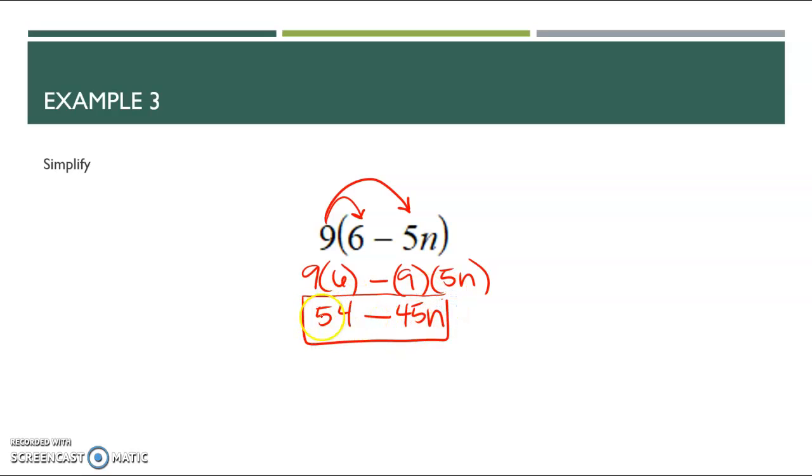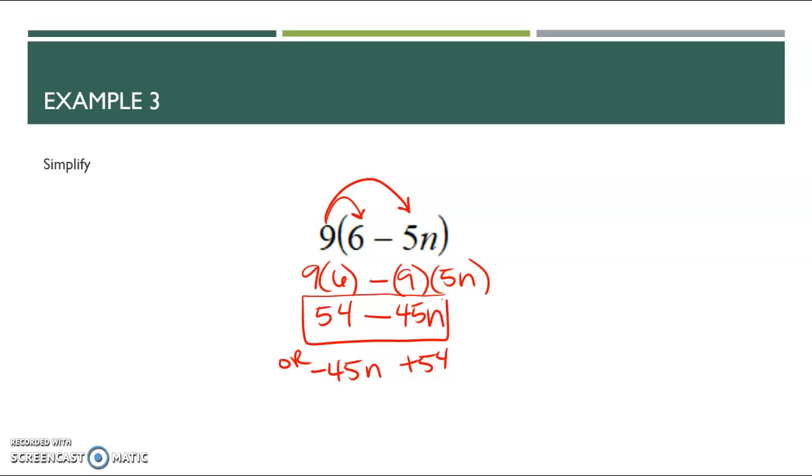They are not like terms. And so that's our final answer: 54 minus 45n, or the other way to write it is negative 45n plus 54. They both represent the same thing. And so that's how we do the distributive property. We just equally multiply to all the terms inside our parentheses.